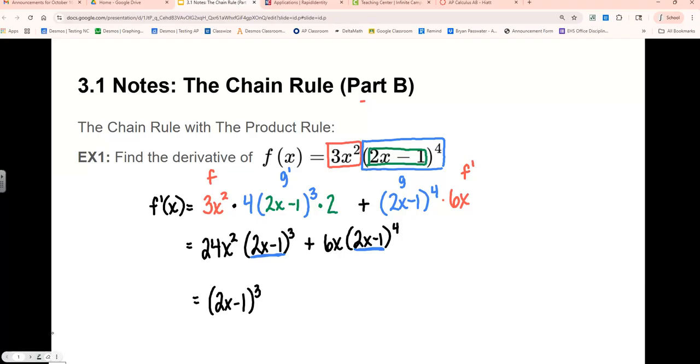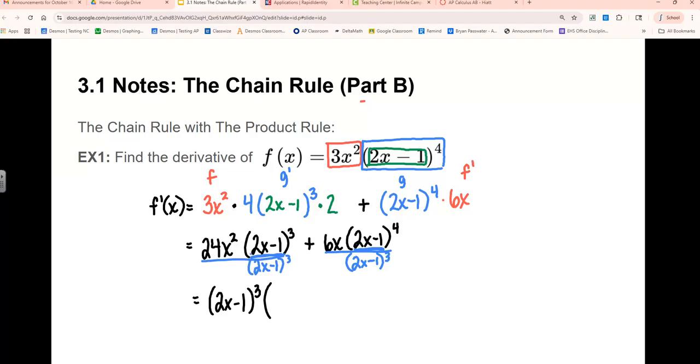So whenever you factor like this, essentially what you are doing is you're dividing that whole term by 2x minus 1 to the 3rd power, and you're dividing this whole term by 2x minus 1 to the third power, right? Okay, here.